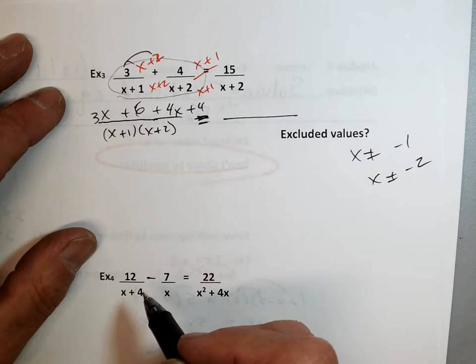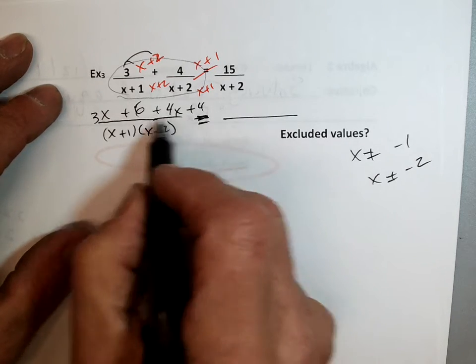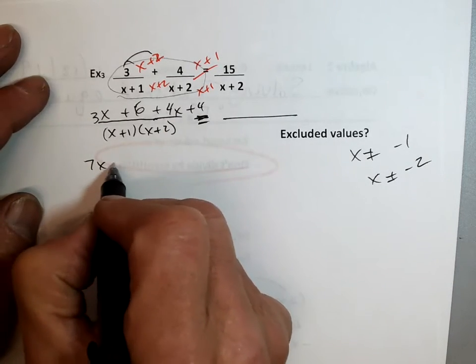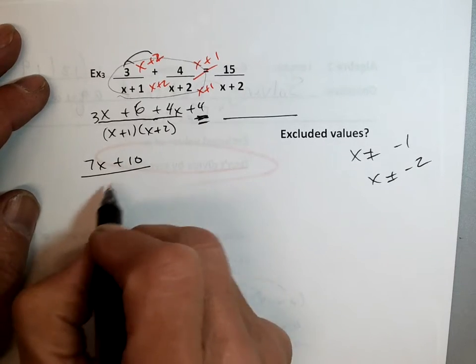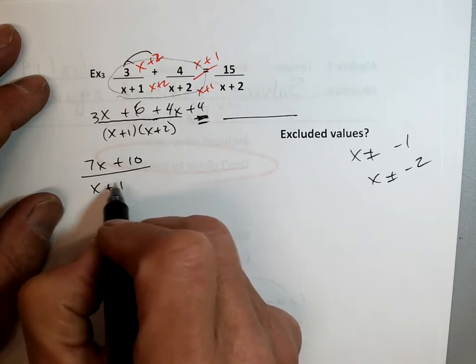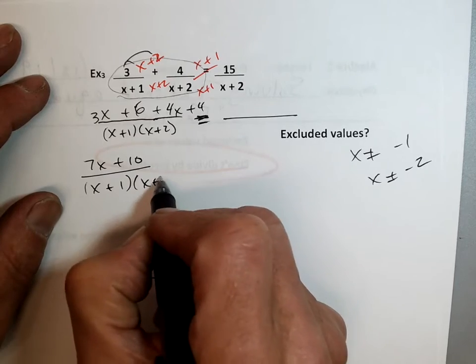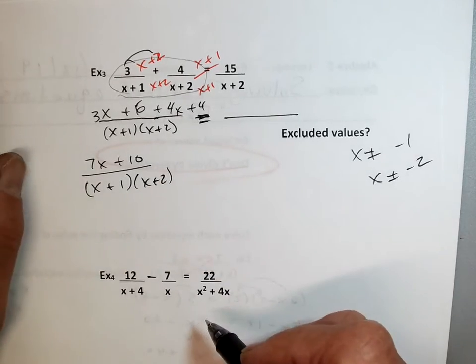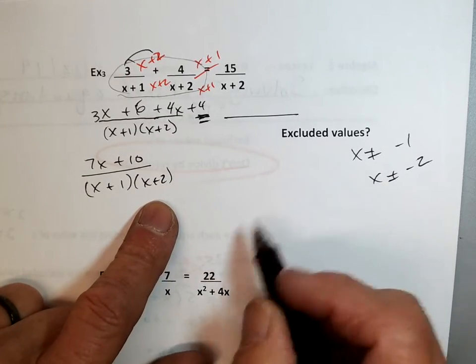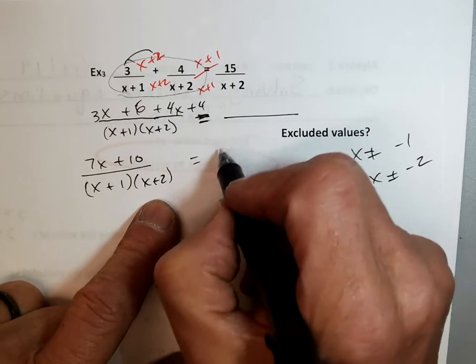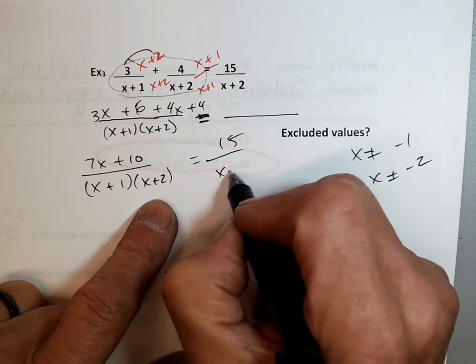Man, that was a lot of work for a 7x plus 10 over an x plus 1, x plus 2. Okay, how am I doing? And that's going to equal my 15 over my x plus 2. How am I doing?